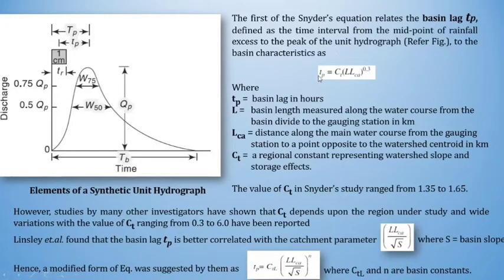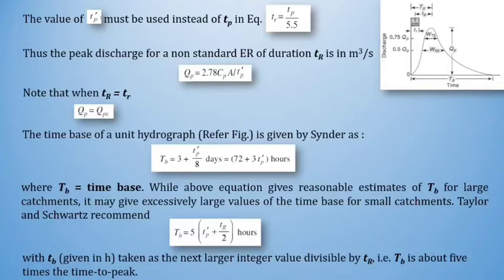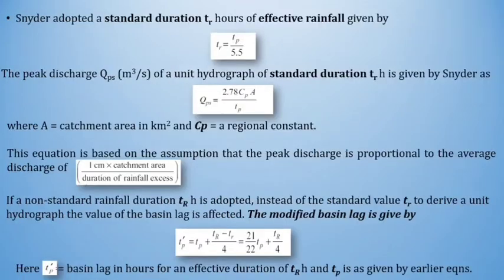This is the equation to derive the value of Tp, or you can use this equation to find out the value of Tp. The value of T dash P, the modified basin lag, must be used instead of Tp in the equations further. Thus, for the measurement of peak discharge, you can see it has the value of Tp over here.